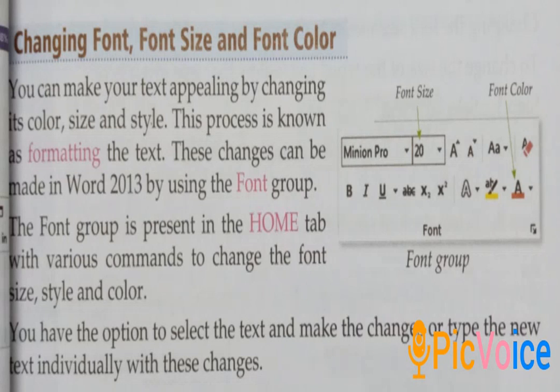Changing font size and font color. You can make your text appealing by changing its color, size and style. This process is known as formatting the text. These changes can be made in Word 2013 by using the Font group.